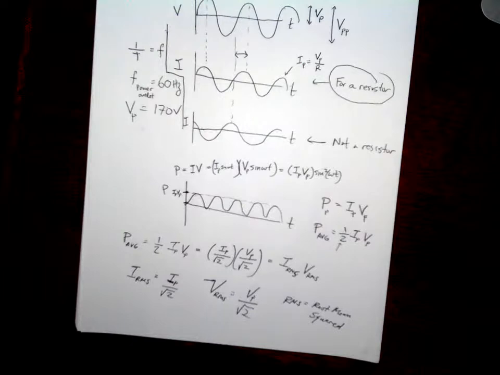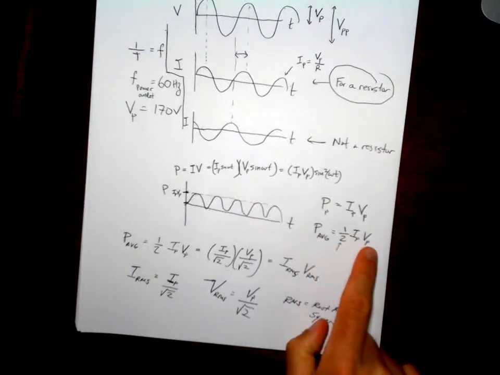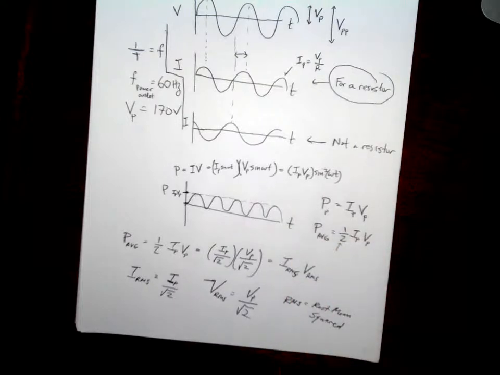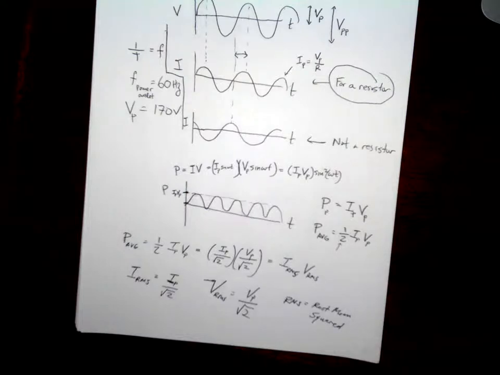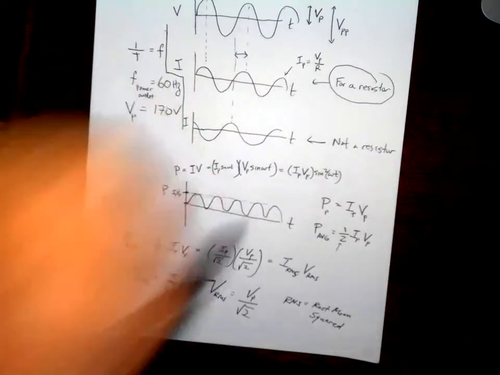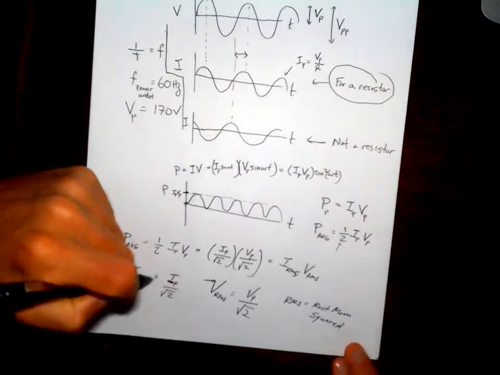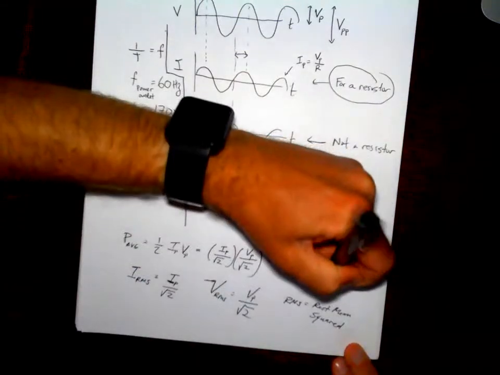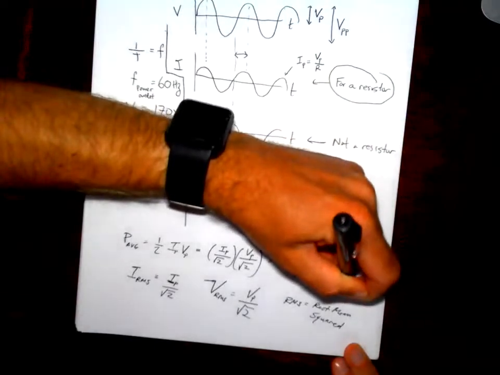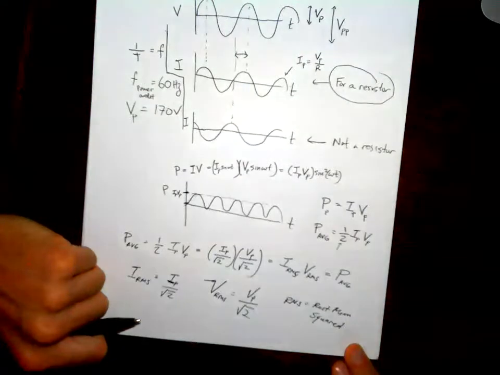In a DC circuit, the power is just I times V. But in an AC circuit, the power is 1/2 I times V because of the fluctuations in the amount of power. So what engineers did is they defined a new quantity so that the equation for power is exactly the same as it was for DC circuits. That's the whole reason for RMS.